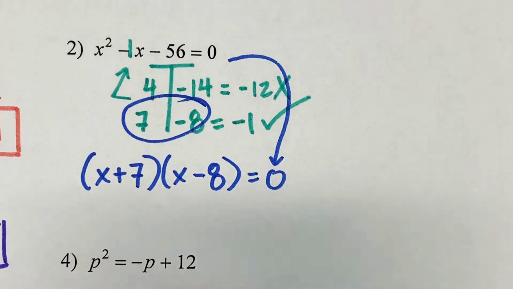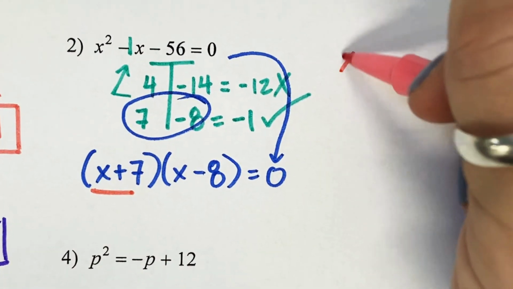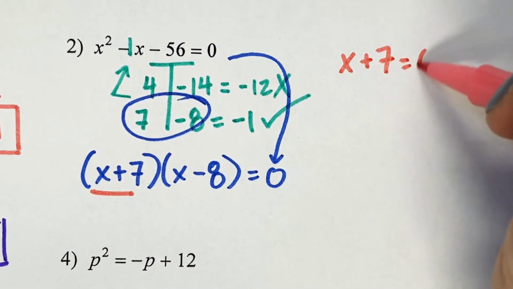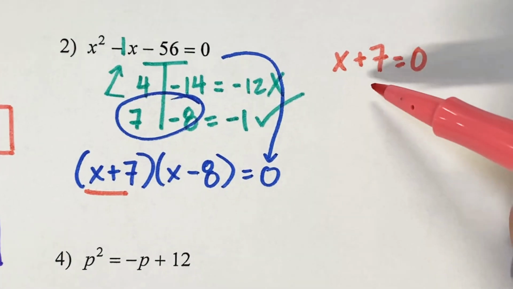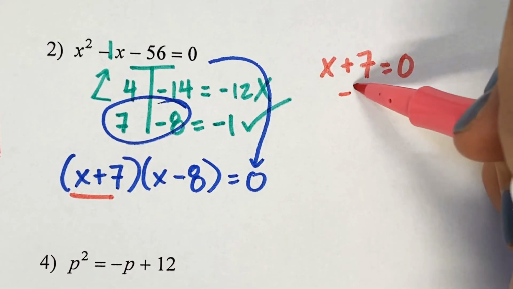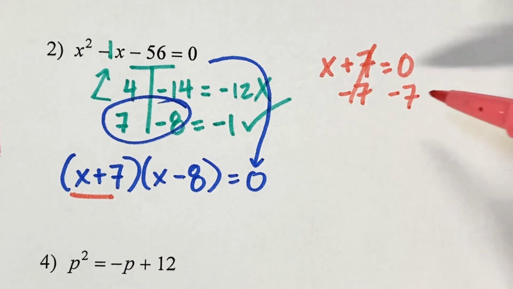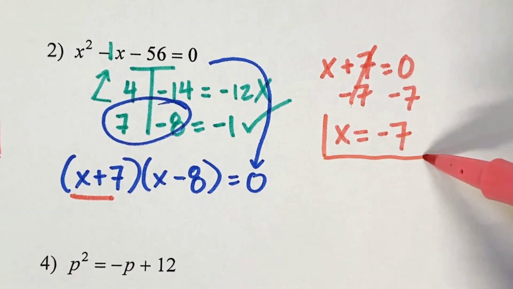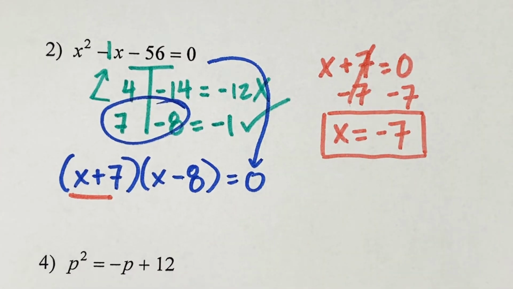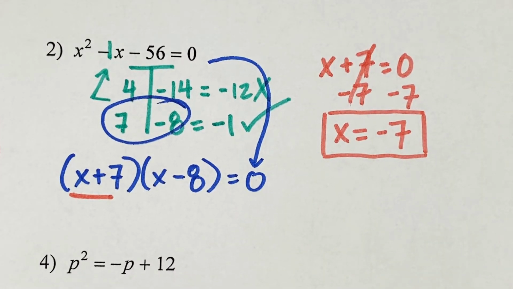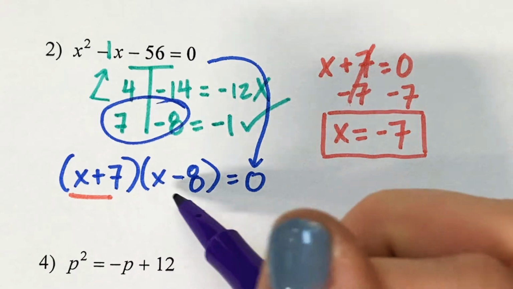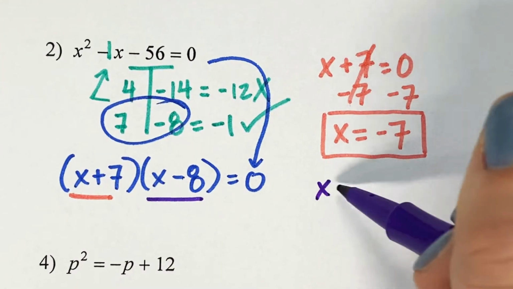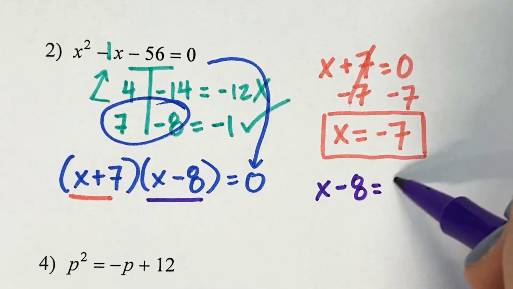Okay, so I'm going to take my first piece, which is x plus 7, set it equal to 0 so I can solve. The opposite of +7 is -7. So my first answer is -7. Okay, there's my first answer. I always need 2 when solving quadratics, so now I'm going to take my second piece, x minus 8 equals 0.